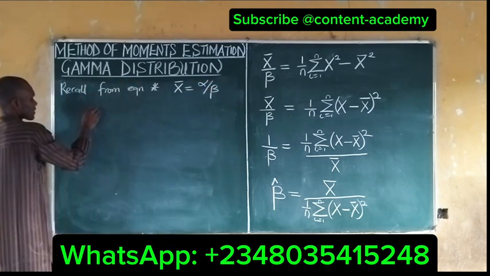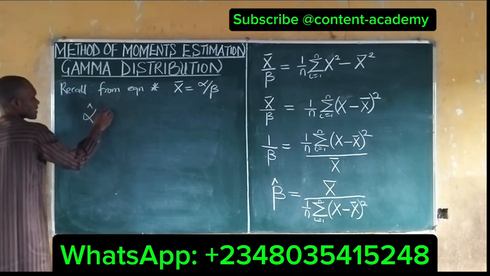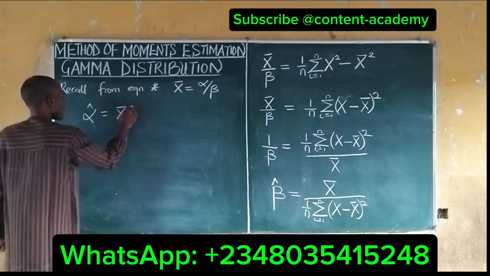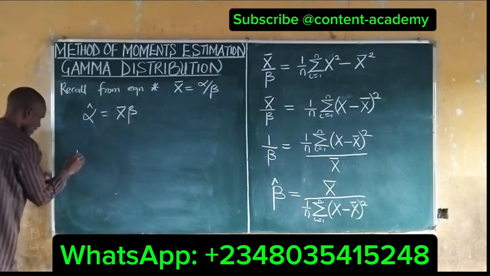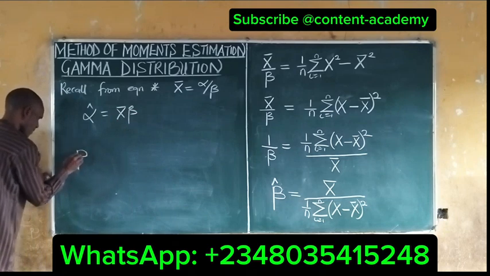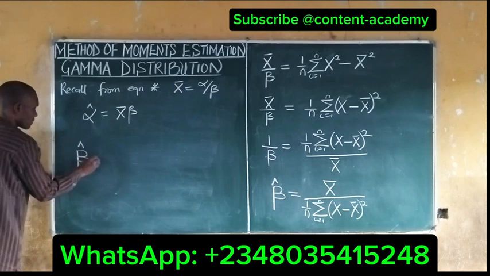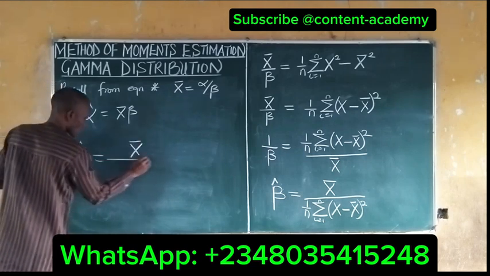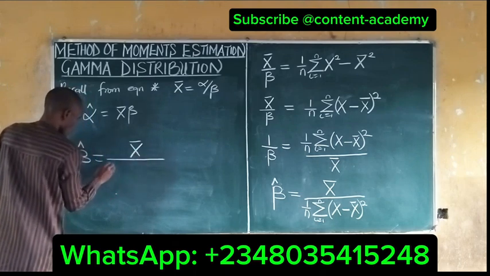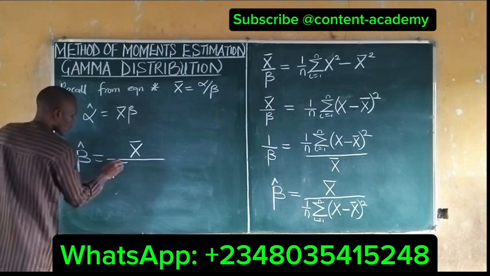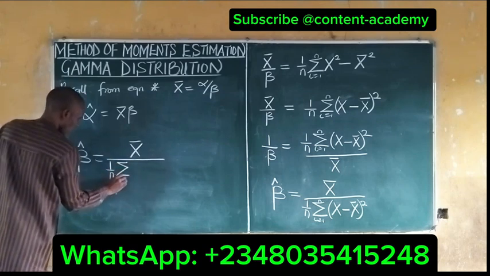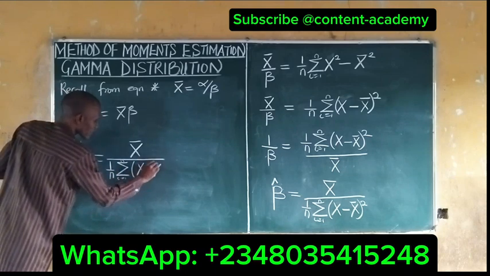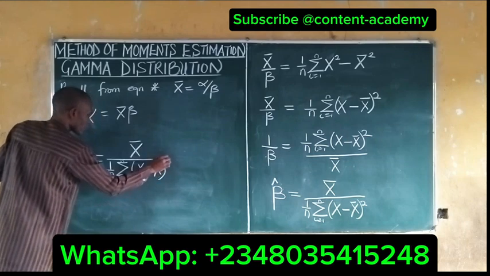It then means that our alpha estimate will be x bar beta, and our beta estimate is x bar all over 1 all over n summation of, as i running from 1 to n, xi minus x bar all squared.